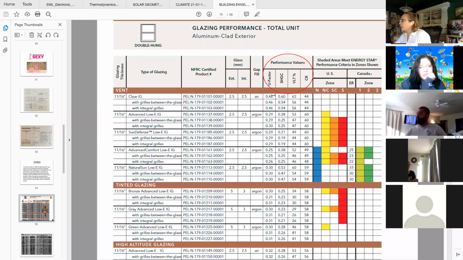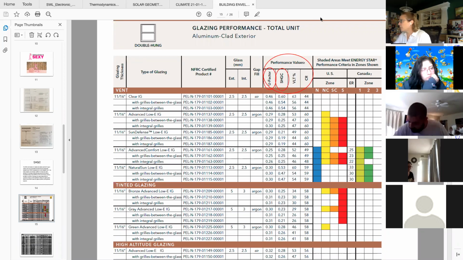We have the U factor, SHGC, and then these are the performance factors that the mechanical engineer, or your Title 24 consultant, will take and plug into the compliance documents.